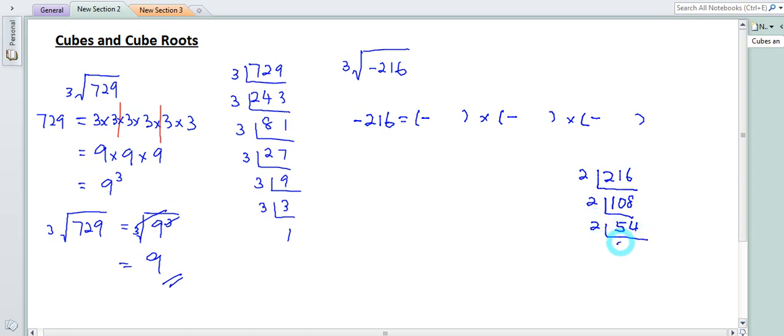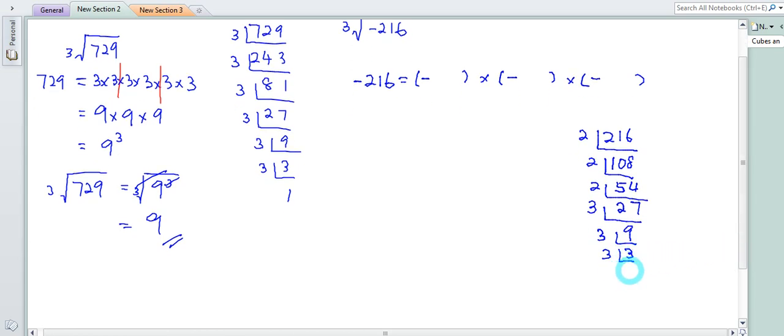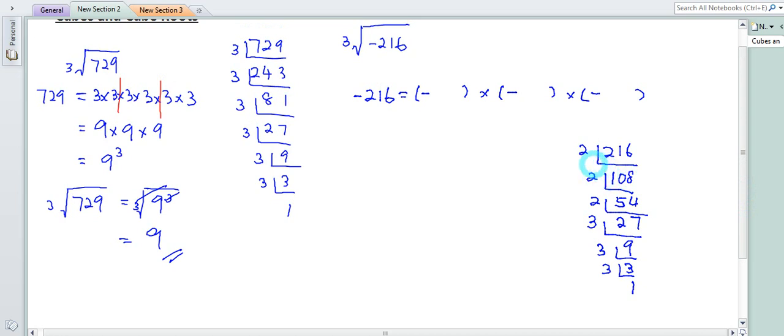Divided by 2. 27 cannot be divided by 2. I need to divide it by 3. So 9 divided by 3, you get 3. Keep on dividing the number until you get 1. So now this is 2, 2, 2, 3, 3, 3.